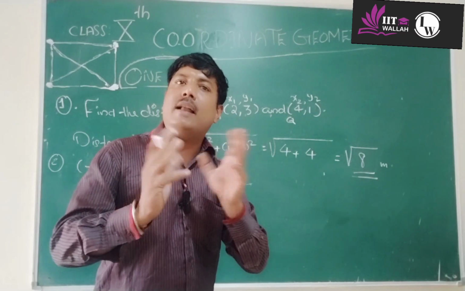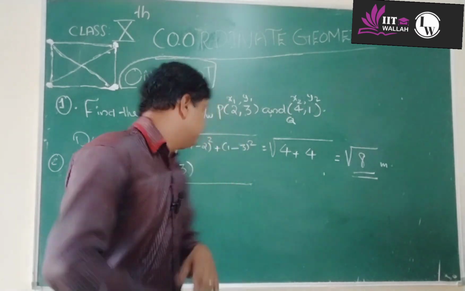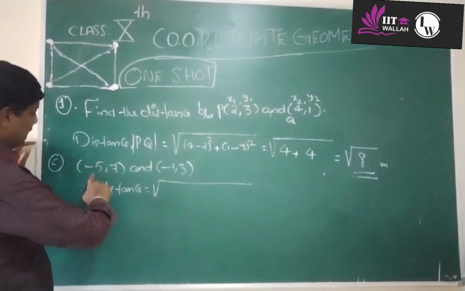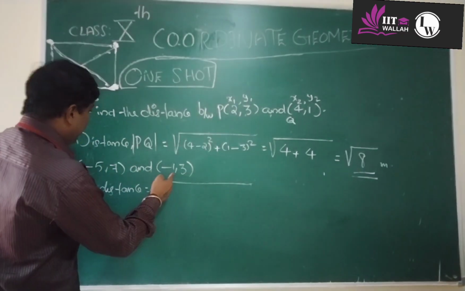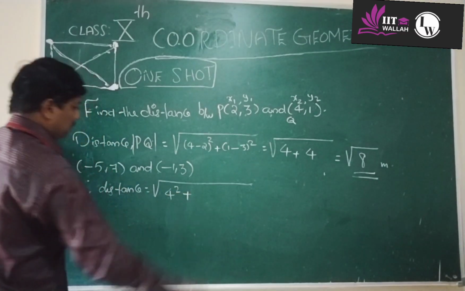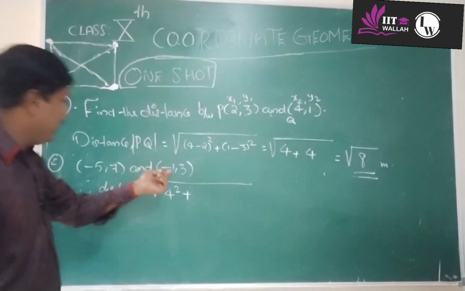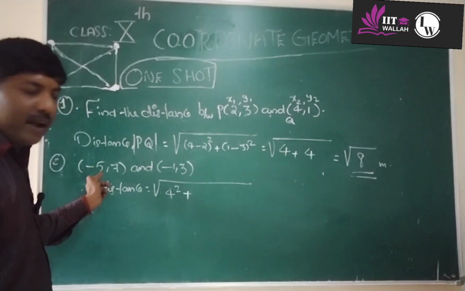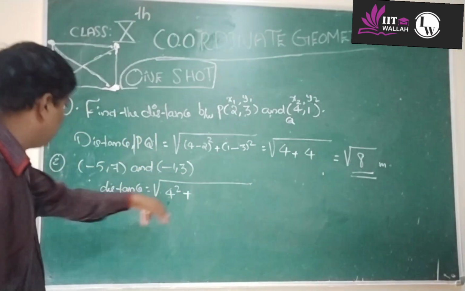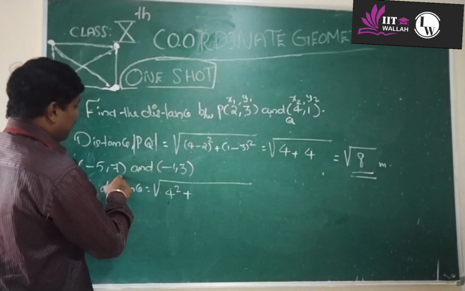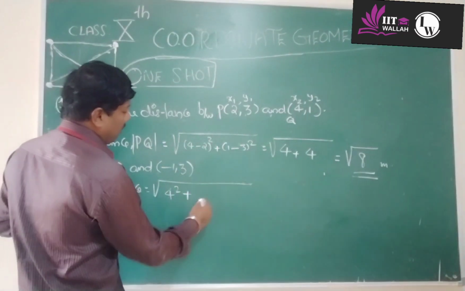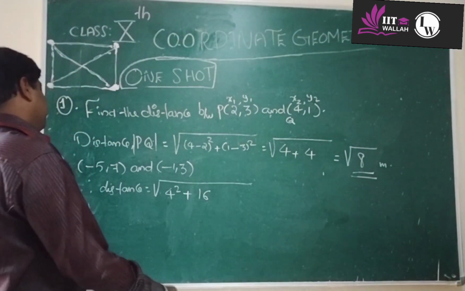You can write that in every problem, but here I am going to do it directly. x2 minus x1 whole square: minus 1 minus minus 5 means minus 1 plus 5, which is 4, square. Now 3 minus 7 is minus 4, square of that is 16.